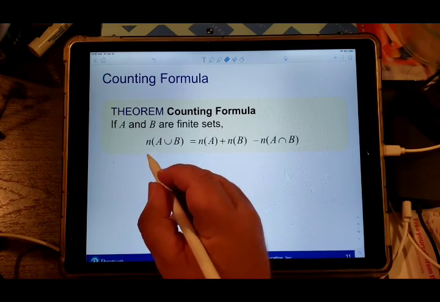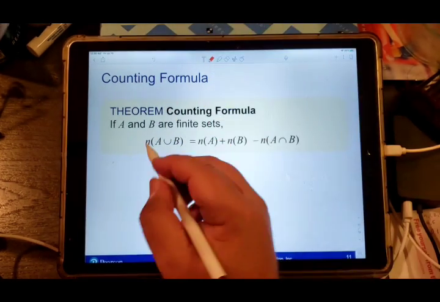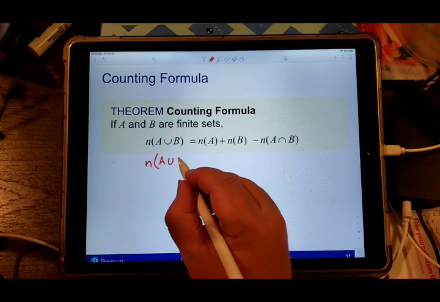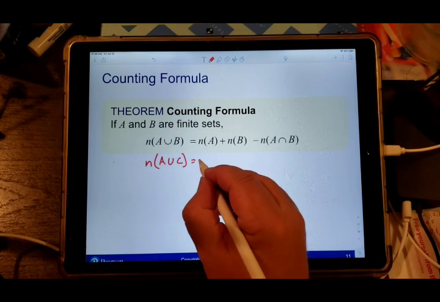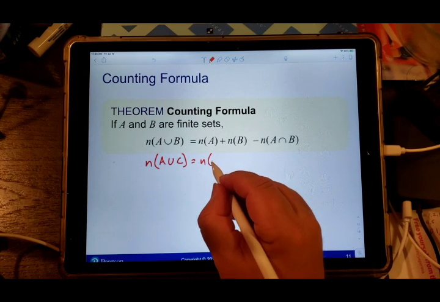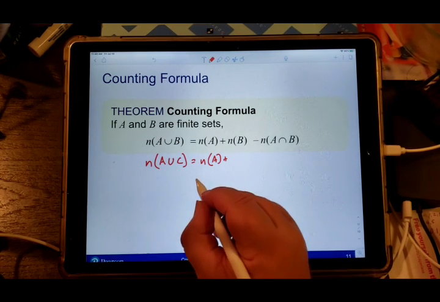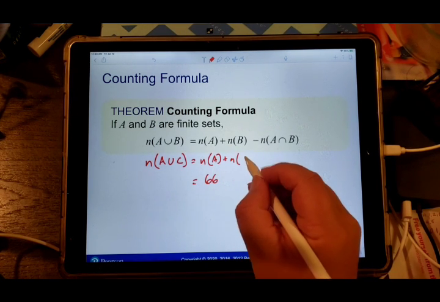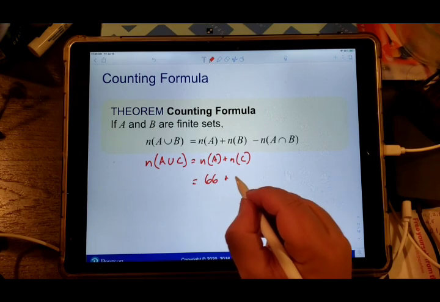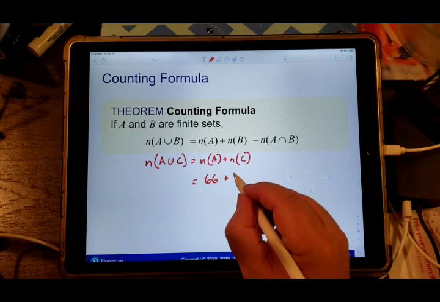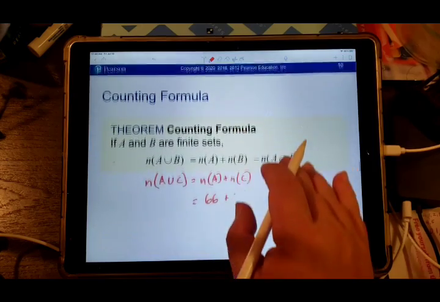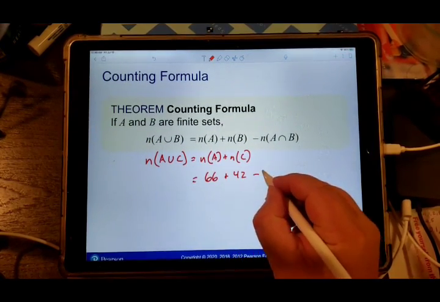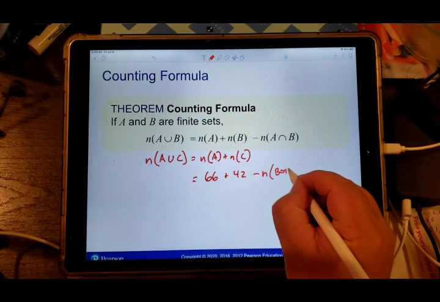So the number of students in college algebra, I'll say algebra, union computer science, is the number of students in algebra, which was 66, plus the number of students in computer science, which was 42, minus the number of students in both.